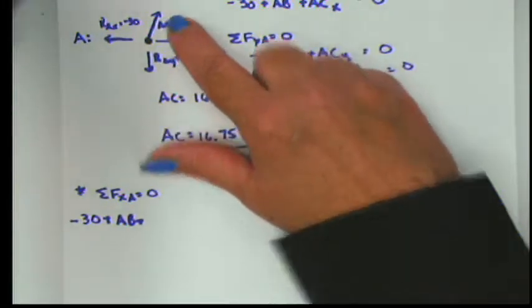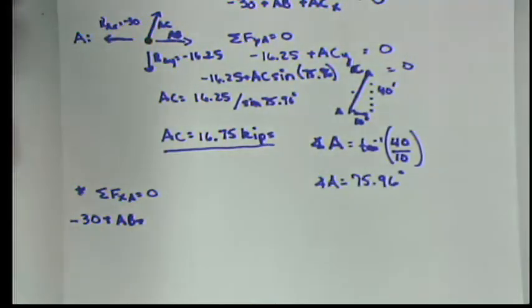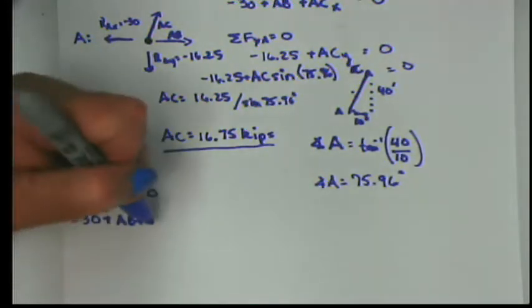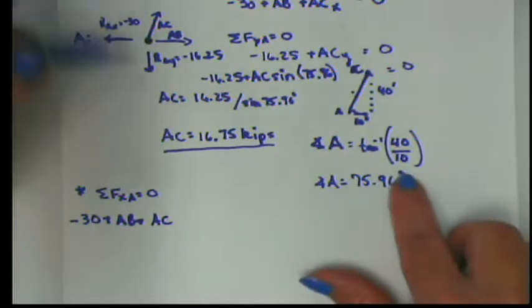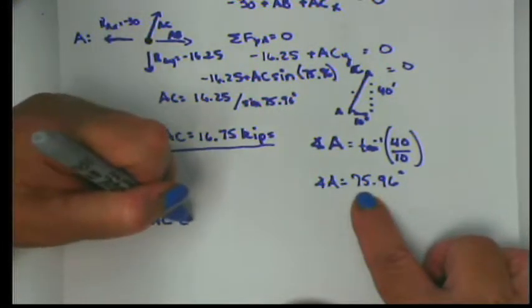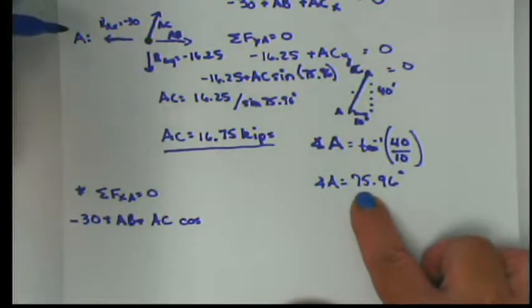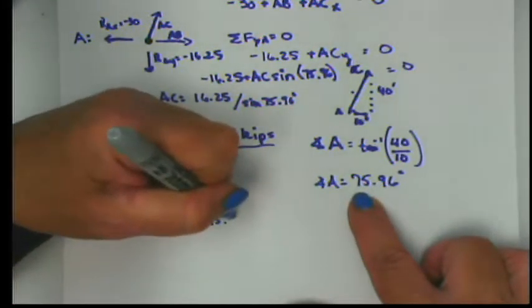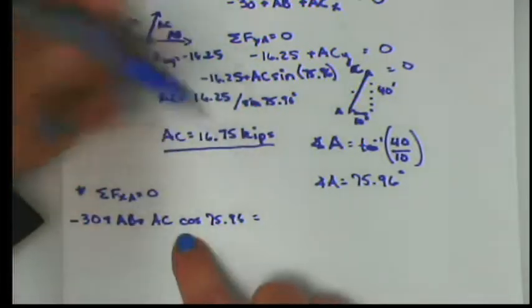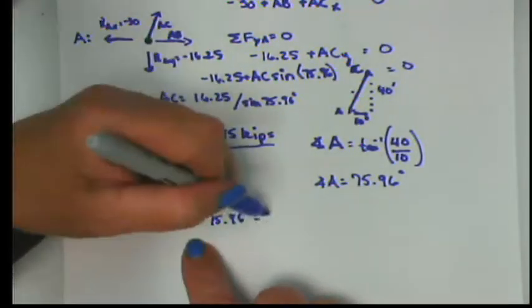Stick to your picture. If you don't stick to the way the picture's drawn, the component of AC in the x direction is positive. So make sure you do that. AC in the x direction is the cosine of this angle, because cosine is adjacent over hypotenuse. Cosine of 75.96 degrees. Those three things added together equals 0.